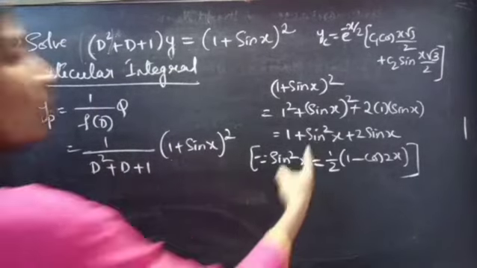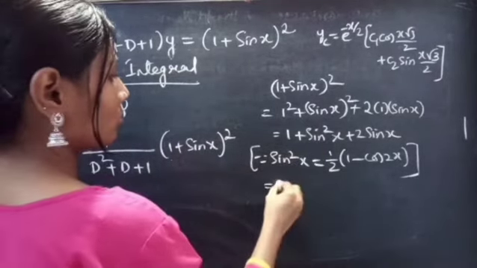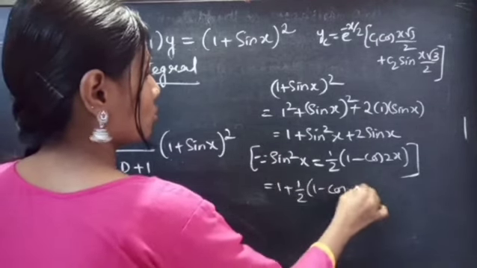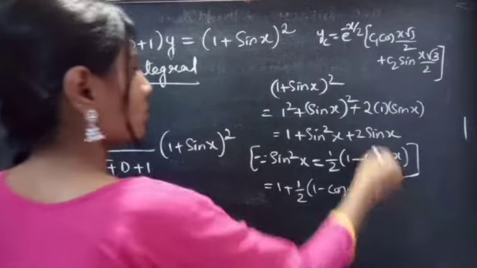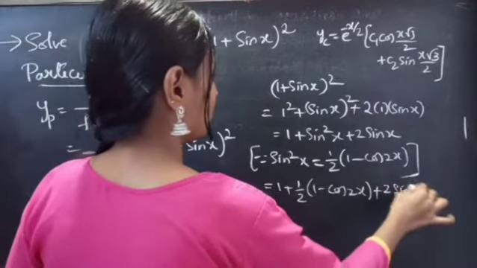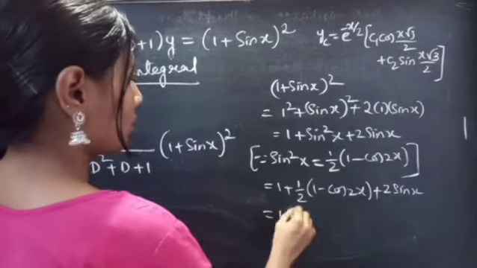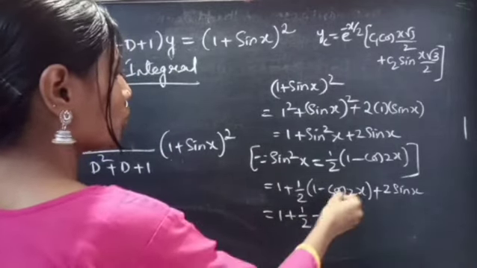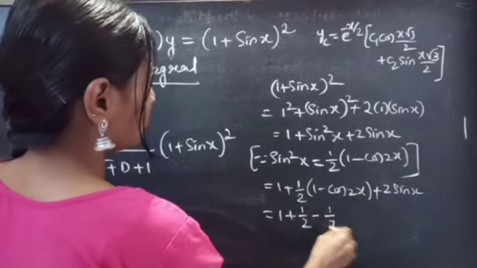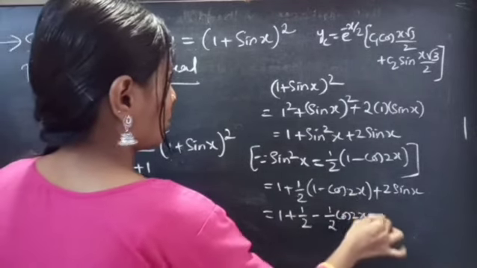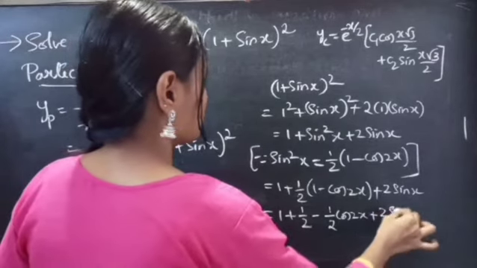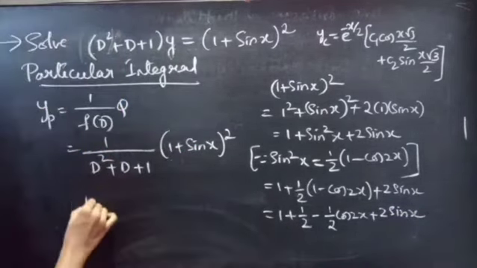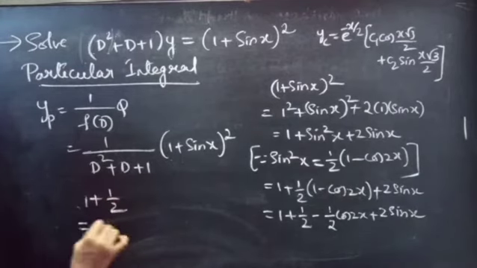Now replace sine square x by 1 by 2 into 1 minus cos 2x, and the third term remains the same. It equals 1 plus 1 by 2 into 1, which is 1 by 2, minus 1 by 2 into cos 2x, which is 1 by 2 cos 2x, plus 2 sine x, right? Now let's add these two numbers.